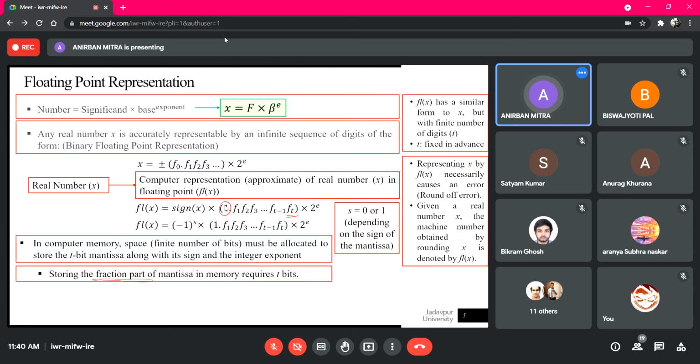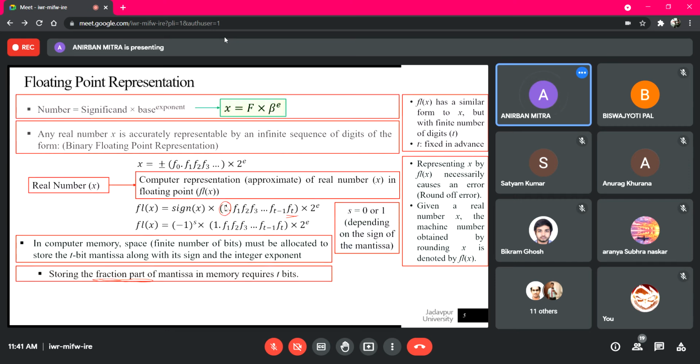As a result, the accuracy of the number increases because we are getting a larger number of bits to represent the fractional part of the mantissa.